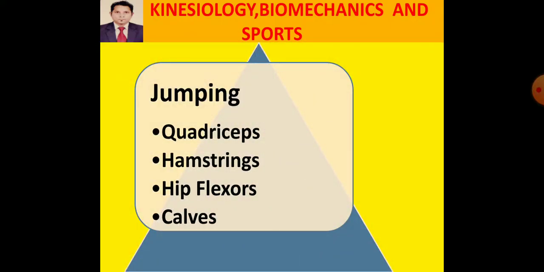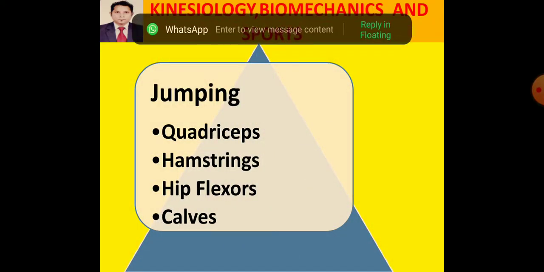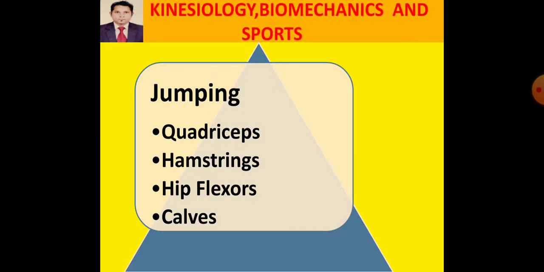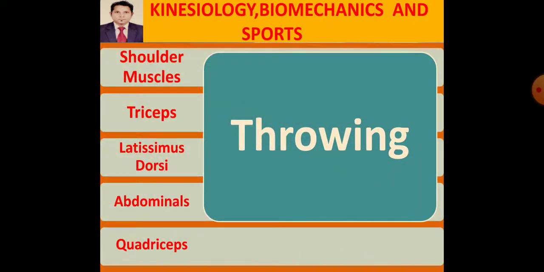Now the muscles involved in jumping. Jumping: quadriceps, hamstring, hip flexor and calf. Now the throwing muscles we will see.